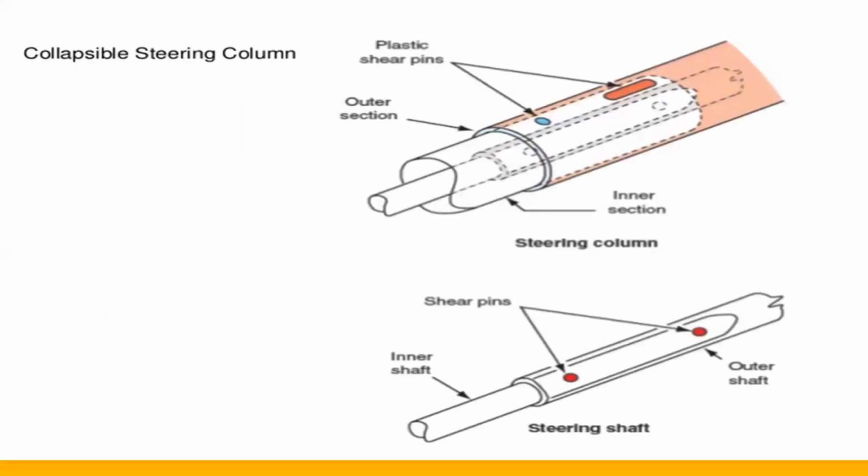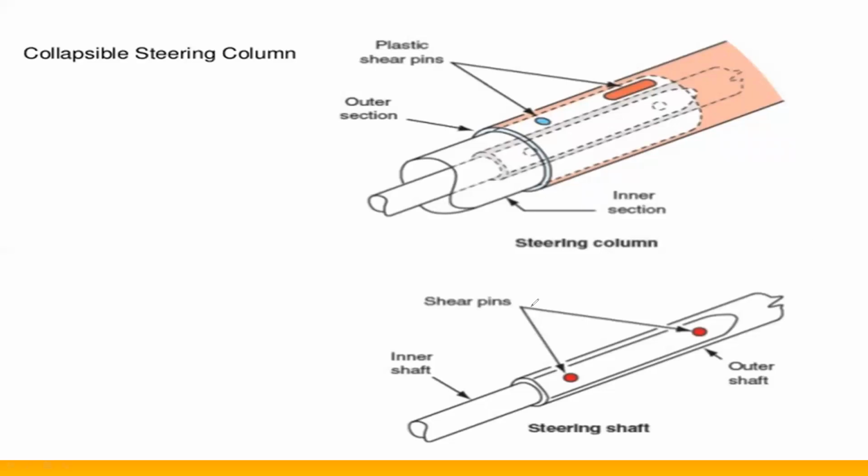And next one, collapsible steering column. You can see the collapsible steering column: plastic shear points, the outer section of the steering column, and the steering shaft.